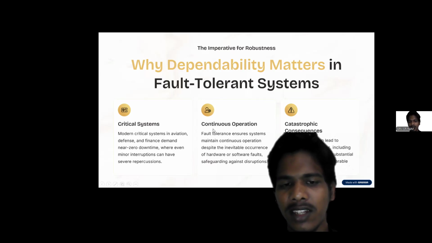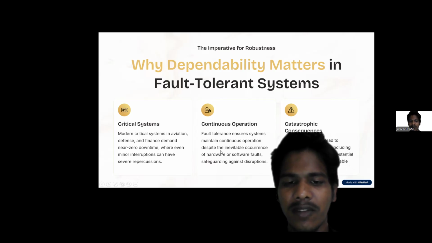And the second one is continuous operation. Fault tolerance ensures systems maintain continuous operation despite the inevitable occurrence of hardware or software faults, safeguarding against disruptions.